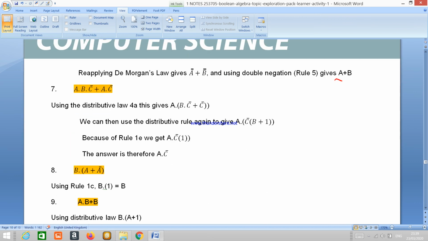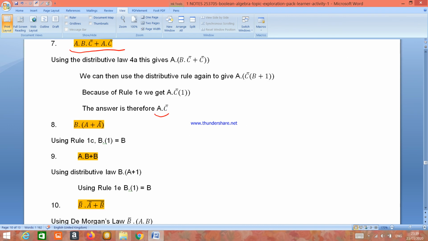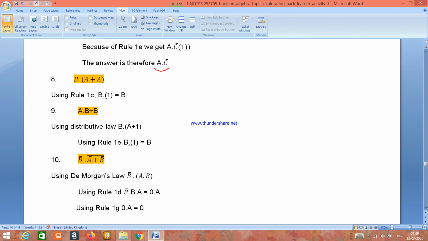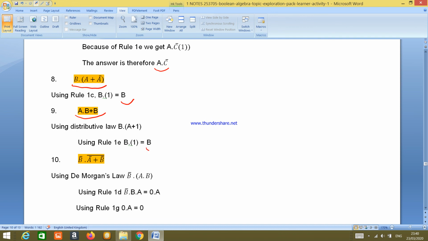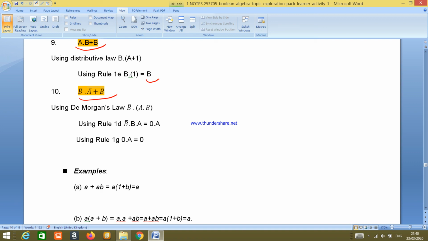Oh, sorry, this one. Now for this one, you work it, the answer will be this one. Okay, this one you work it, you get B. This one you work it, you get B. Try to work it, and you can contact me if you have difficulty.